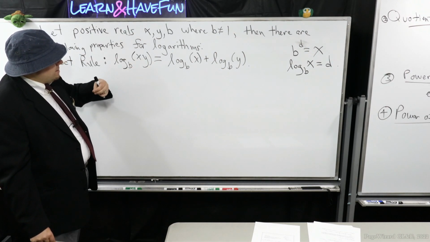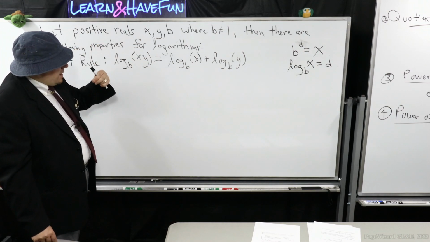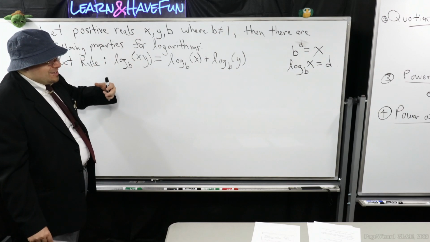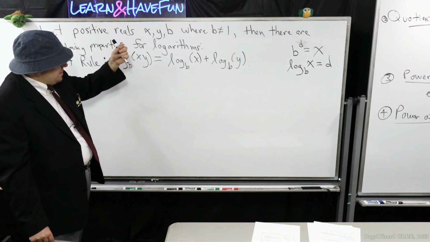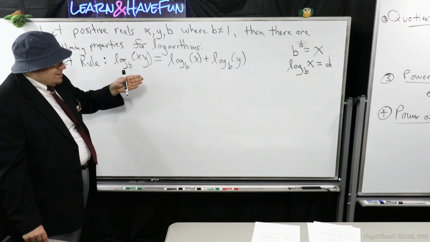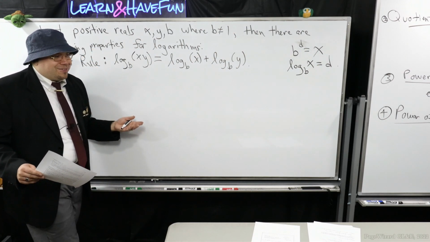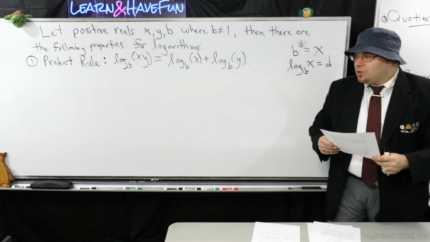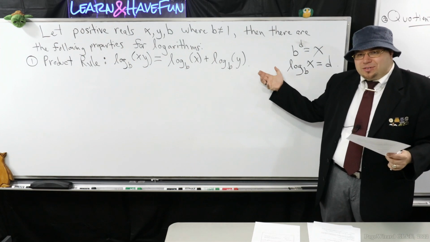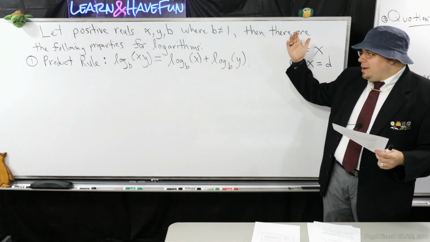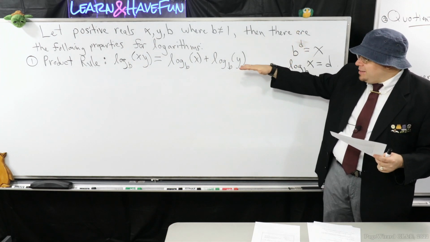It would be b to the something is equal to x, whatever x is, and then you have b to the something is equal to y. But that's the product. I'm just trying to give you an intuition behind these, because I'm not going to prove all of these for you here, because like I said, most of this I consider review for the discussion that we're having.